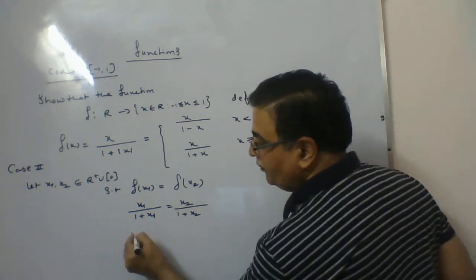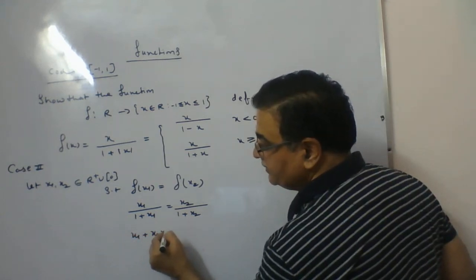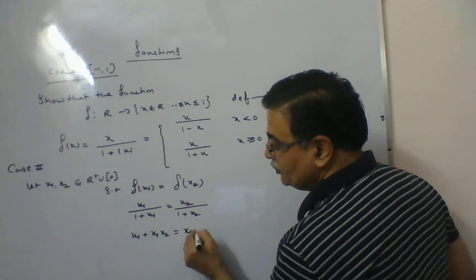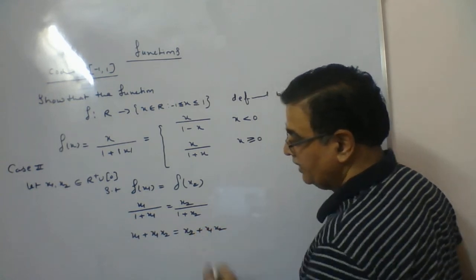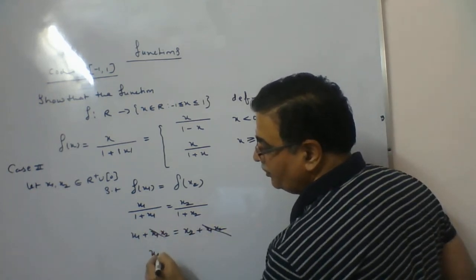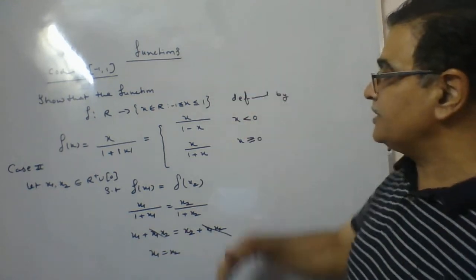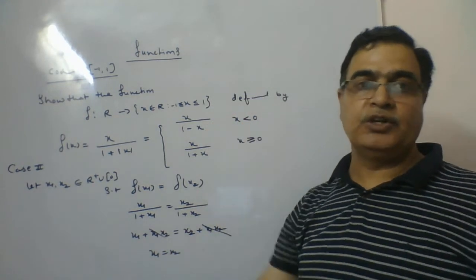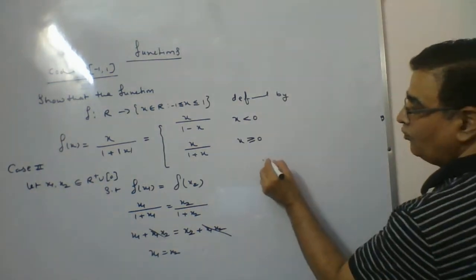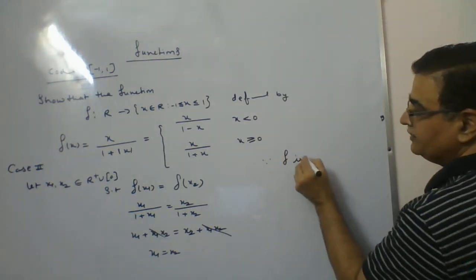And now when you solve it, it will be x1 plus x1x2 equals x2 plus x1x2. Again this part gets cancelled out, I got x1 is equal to x2. So we will say it is valid for less than 0 also and greater than or equal to 0 also. Therefore, what I should say, f is 1-1.